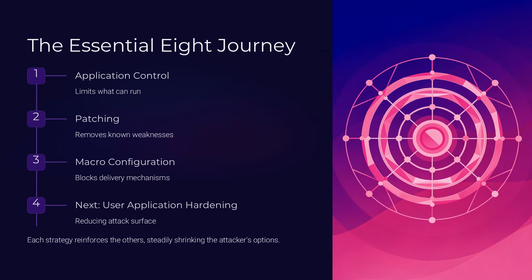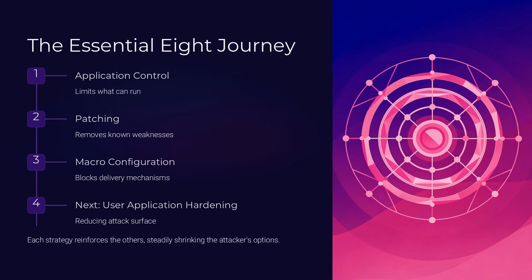As you step back at the end of this lecture, you should clearly see how this strategy fits into the broader Essential 8 journey. Application control limits what can run. Patching removes known weaknesses. Macro configuration blocks one of the most effective delivery mechanisms attackers rely on.